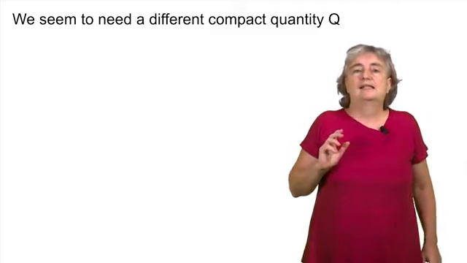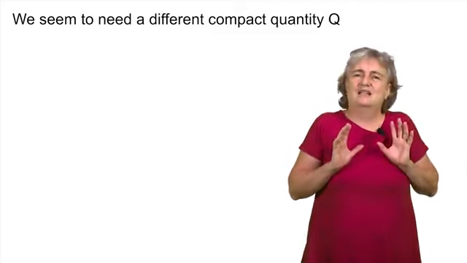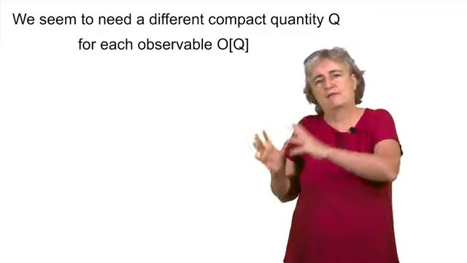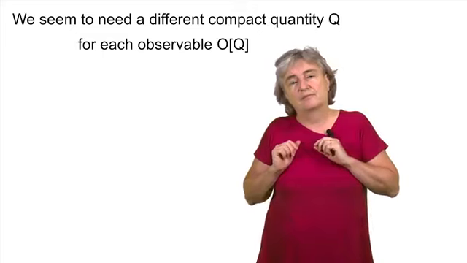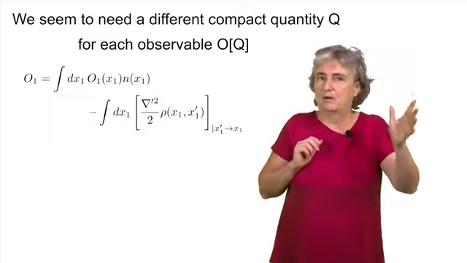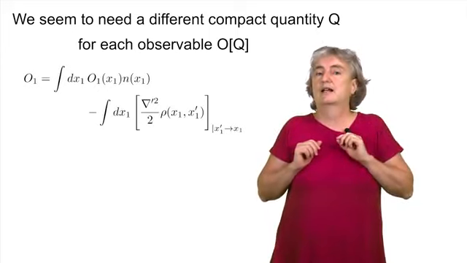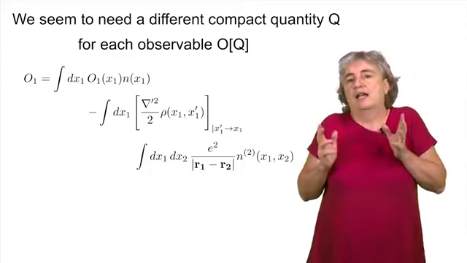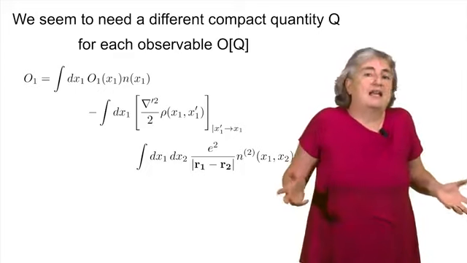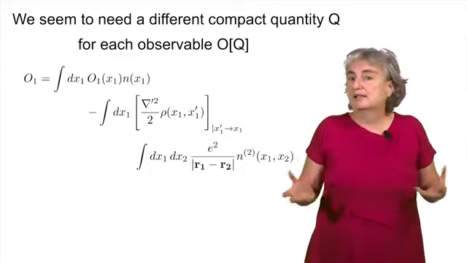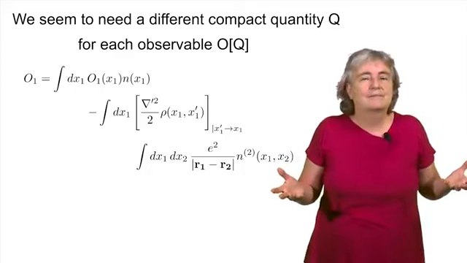Actually, it seems that we almost need a different compact quantity Q for every observable O. Sometimes the density, sometimes the one-body density matrix, sometimes the two-body density. Okay, you might say, why do we care? The important thing is that these are all simple expressions, no?